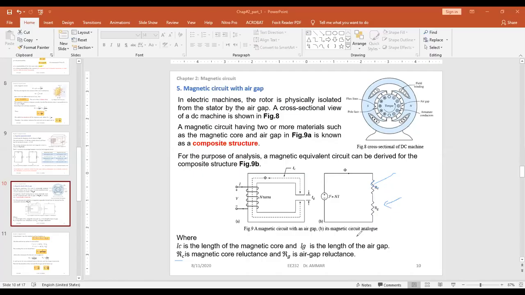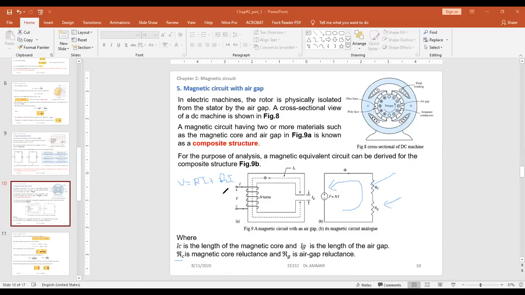When we do circuit analysis, let me give you an example: in an electric circuit we have resistances with different values. When we apply Kirchhoff's law, of course we say V equals R1 multiplied by I plus R2 multiplied by I. R1 and R2 don't have the same resistance.